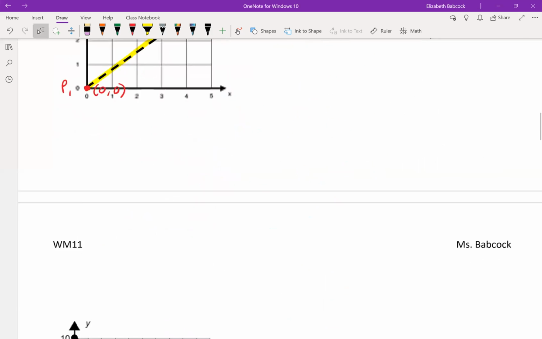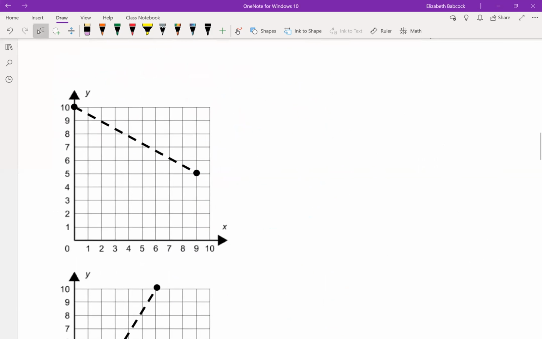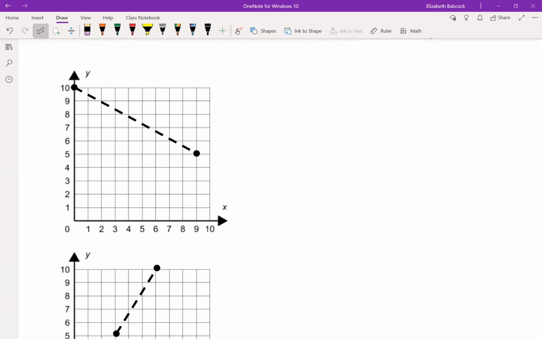We're good to go. Next, we have our points given here, so we're just going to use those ones that are given. We have 9, 5 and 0, 10. So y2 minus y1 over x2 minus x1.